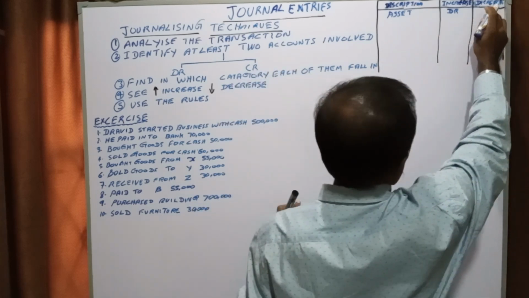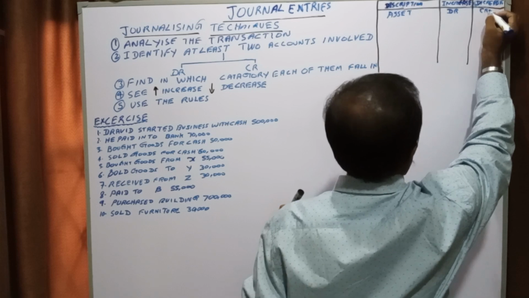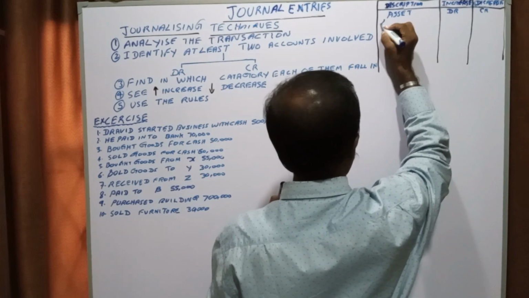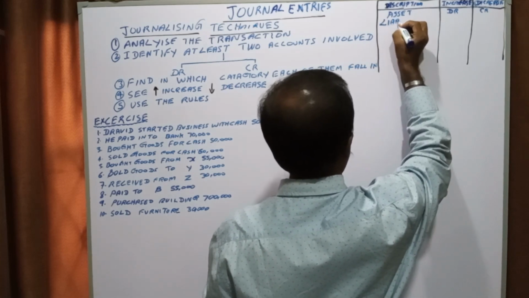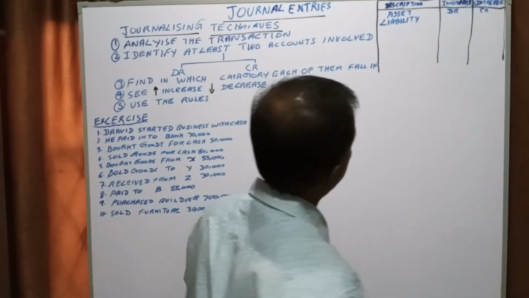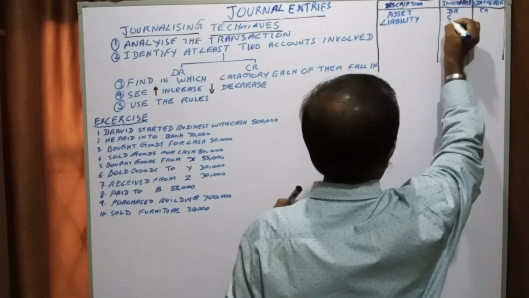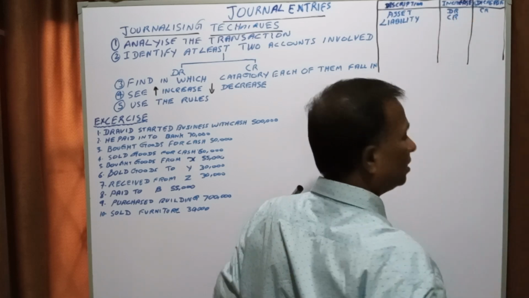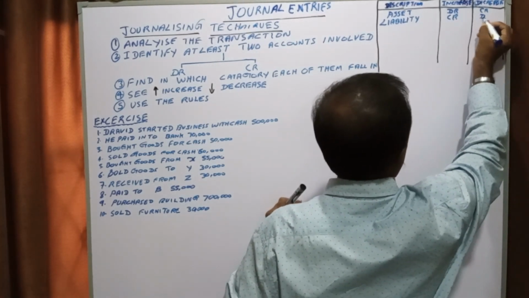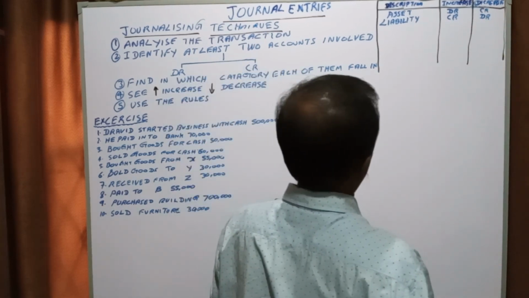If the asset is decreasing, you have to pass a credit entry. Next one is liability. If the liability is increasing, you have to pass a credit entry. If the liability is decreasing, you have to pass a debit entry.